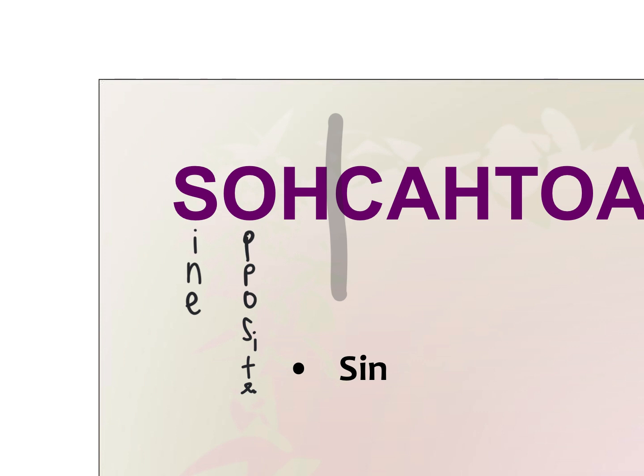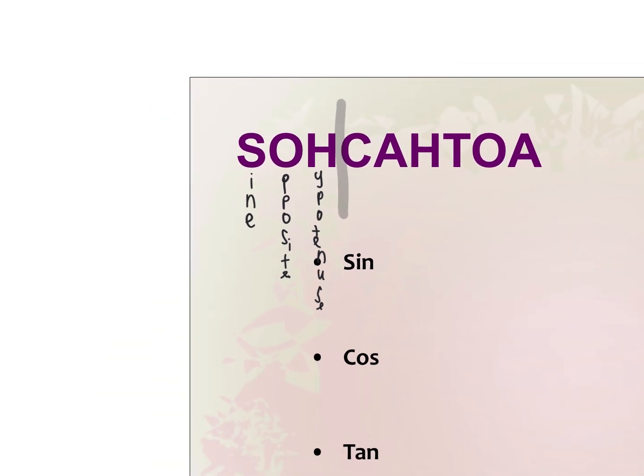And H is your hypotenuse. Each of the letters stands for a different side. Very good. So when we're writing sine, we're always going to write that sine is the equivalent of O over H, where O stands for opposite and H stands for hypotenuse.